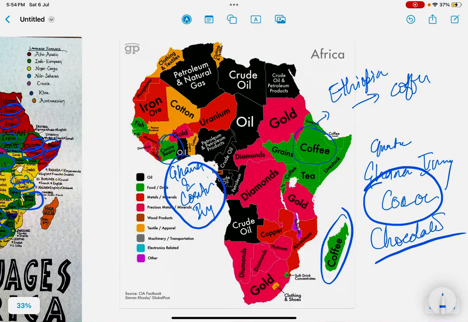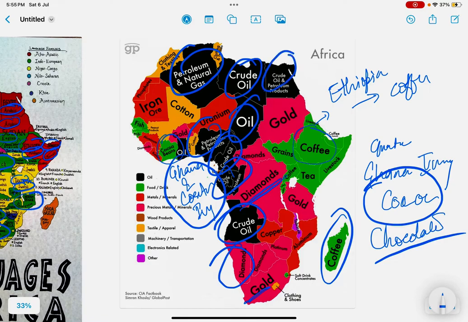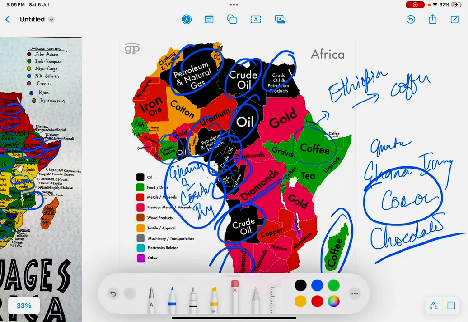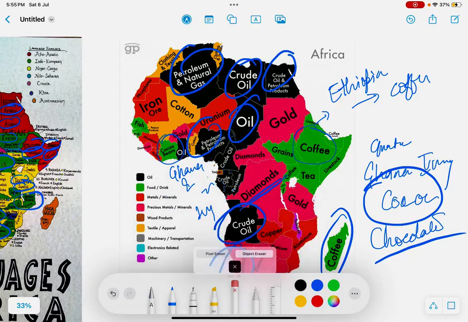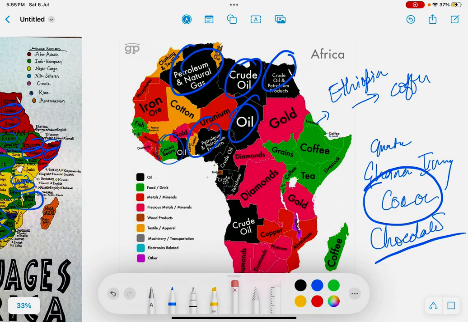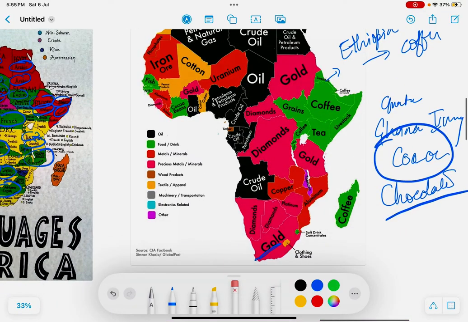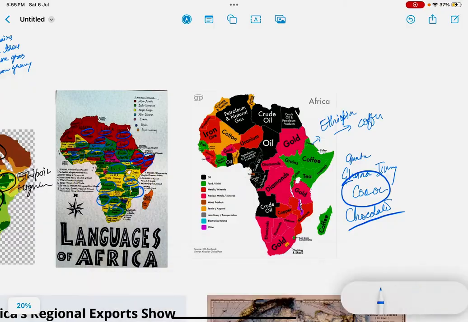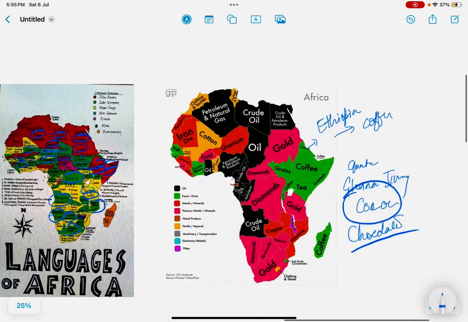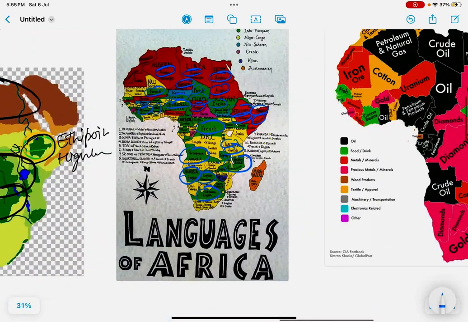Coffee here also, Madagascar coffee. Then we have diamonds, we have gold, we have diamonds here, oil. All right. So you can see there are many resources in Africa, and these resources make it unique for different countries. So you can check on your own, right? Let's move on to the next map.